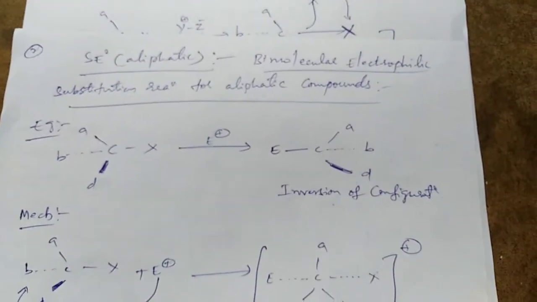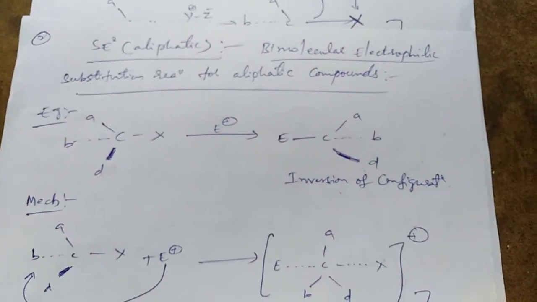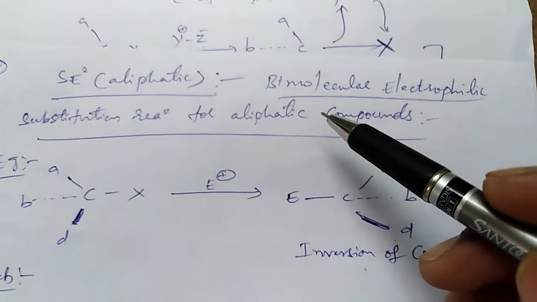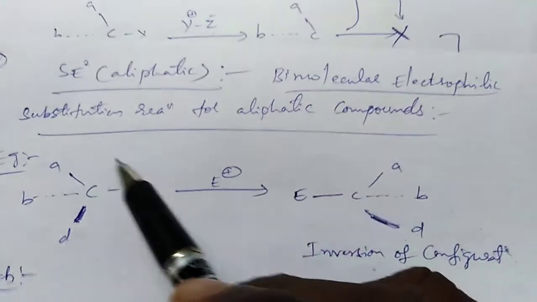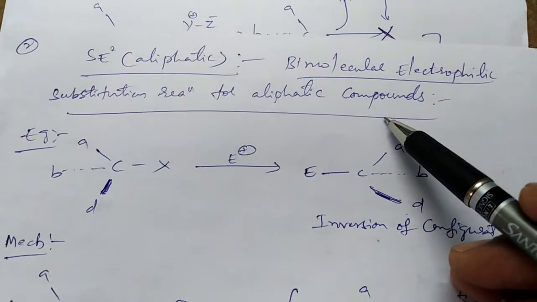And next, second category is SE2 for the aliphatic compounds. Bimolecular electrophilic substitution reaction for aliphatic compound.